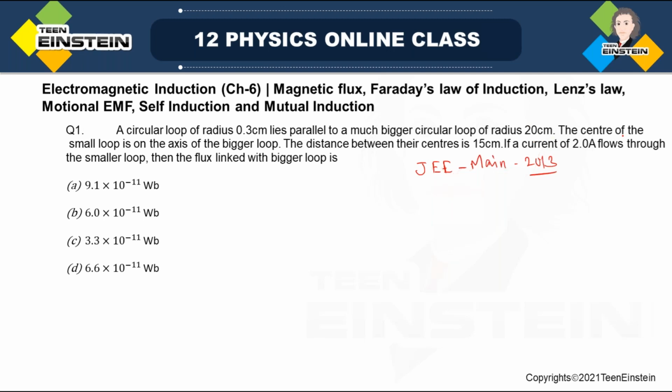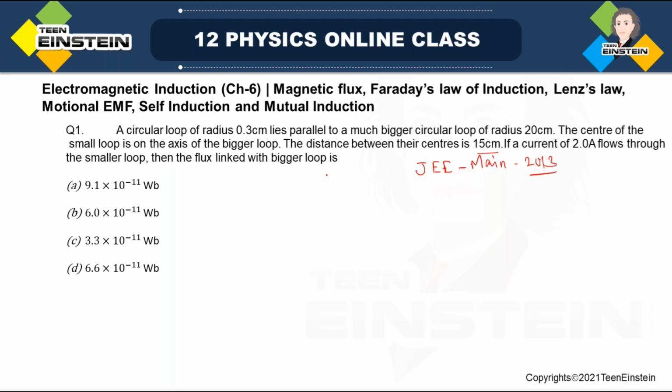The center of the small loop is on the axis of the bigger loop. The distance between their centers is given as 15 centimeter. If a current of 2 ampere flows through the smaller loop, then the flux linked with the bigger loop will be what?